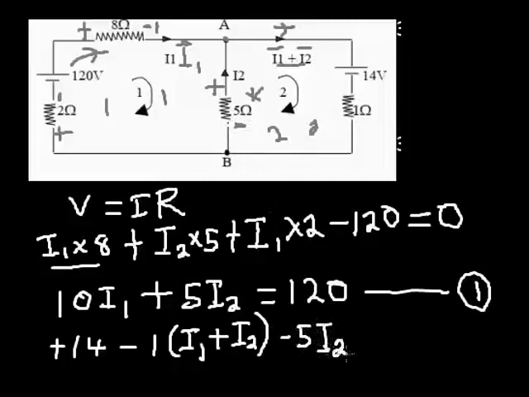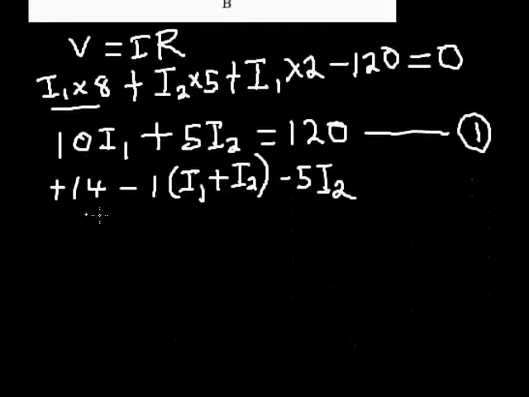So let's rearrange this equation. This is going to give me 14, then if I open this bracket, minus 1 multiplied by I, that will give me minus I1. Then of course I have minus I1, and if I multiply this, that's going to be minus I2.